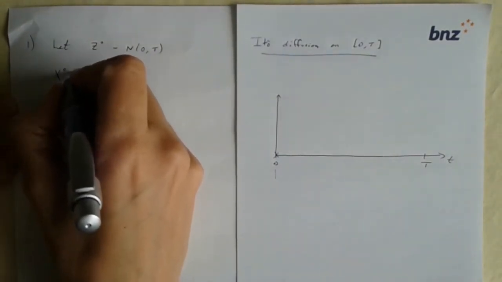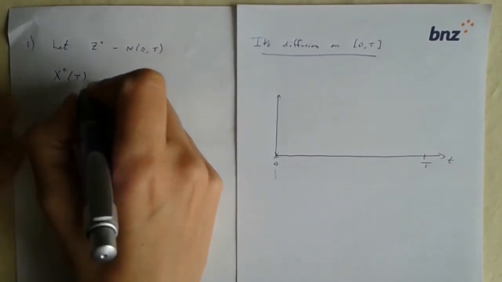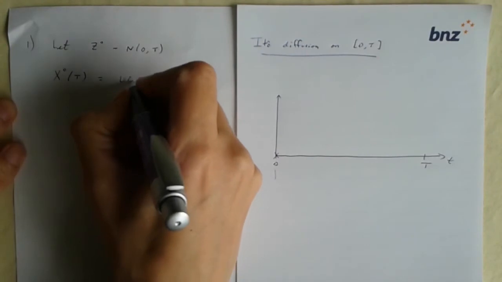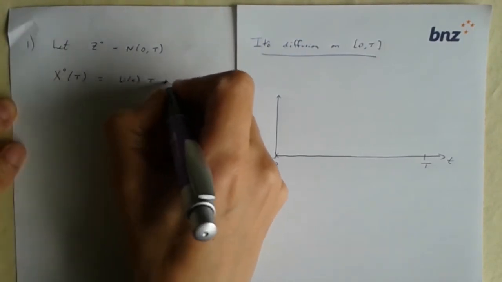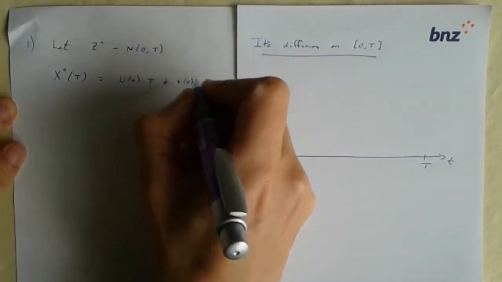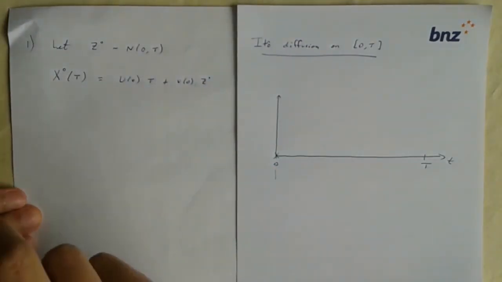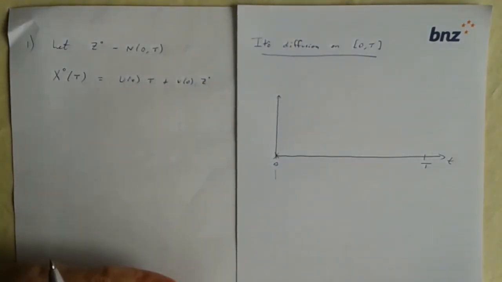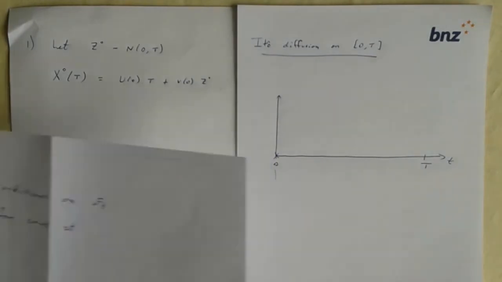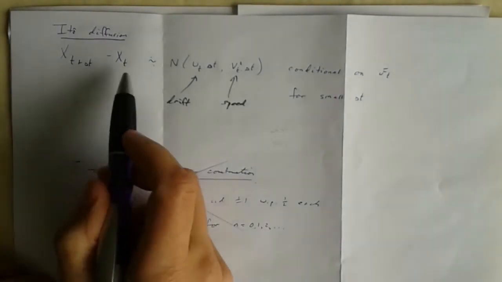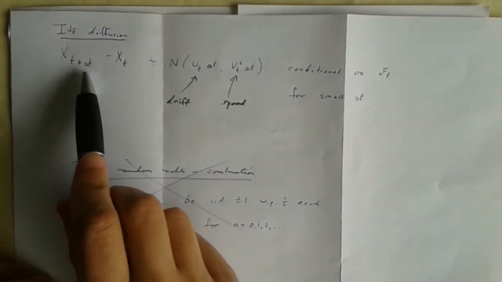And then my process will be defined like this. Its value at time t will be given like that. That corresponds to what the increment was supposed to be over a time interval delta t.